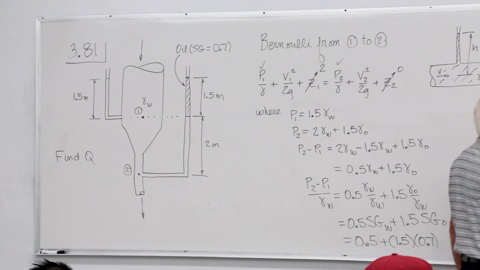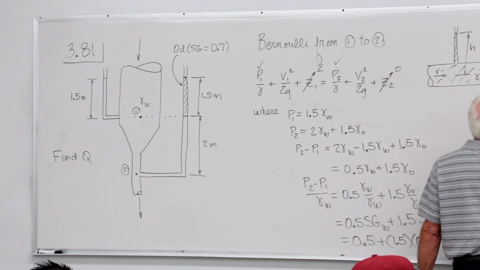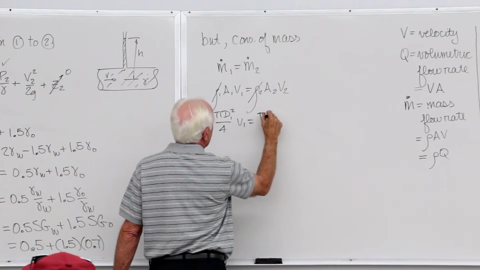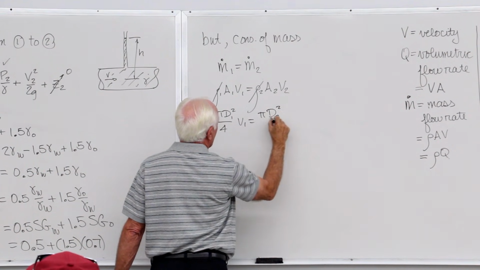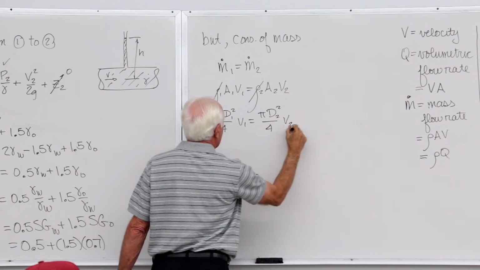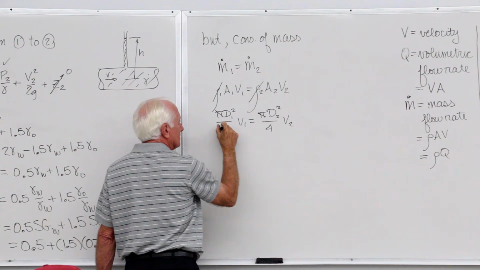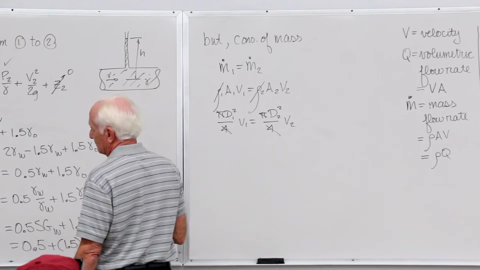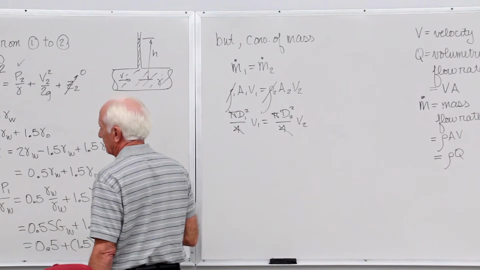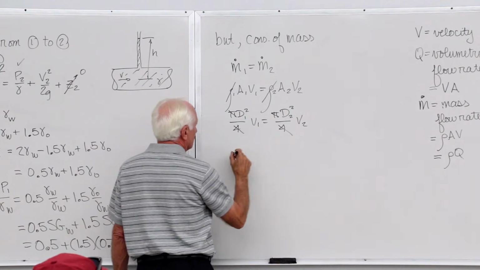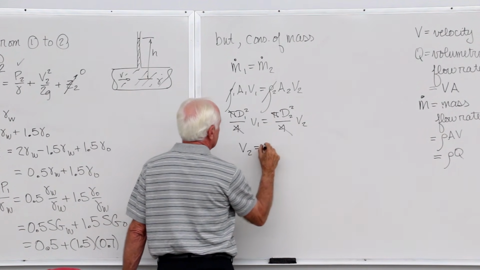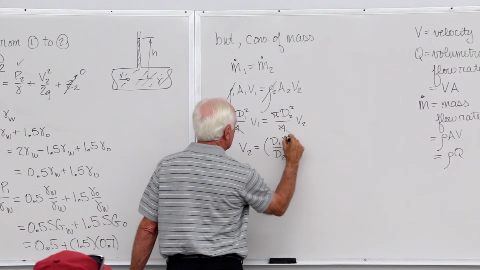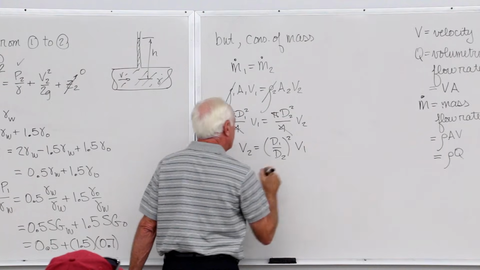Pi d1 squared divided by 4. Pi d2 squared over 4. Cancel out the pi's, cancel out the 4's. Let's write it in terms of 1. So V2 then is equal to d1 over d2 quantity squared times V1.